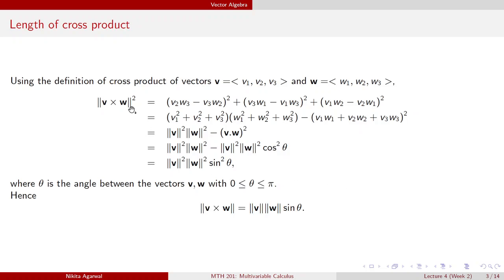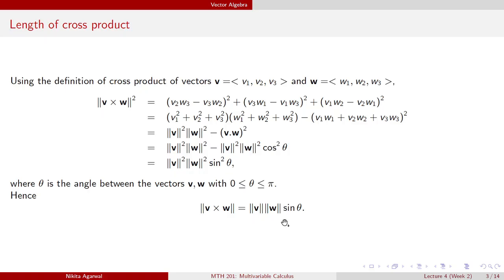Therefore, if you take square roots on both sides, you get norm of v cross w equal to norm v norm w sine theta. Remember, here I have taken sine theta and not absolute sine theta, because whenever theta lies between 0 and pi, sine theta takes positive values.